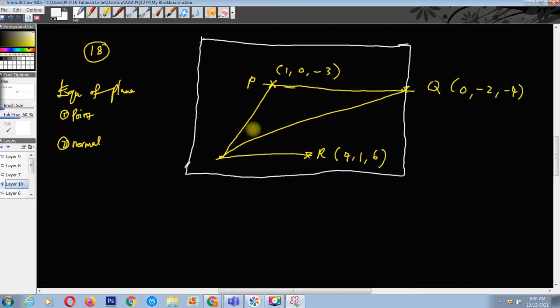So now, if we cross P and Q, what will we have?